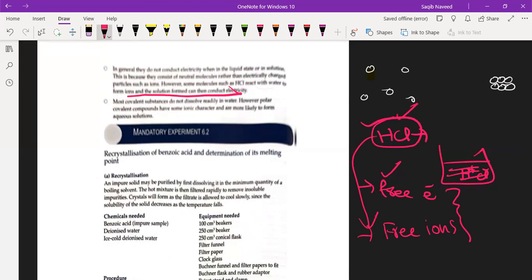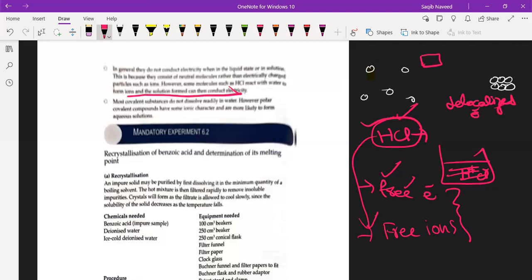But if it is a metal, like iron or gold, and the question asks why it is a conductor, you can say that it has free electrons, or delocalized electrons.